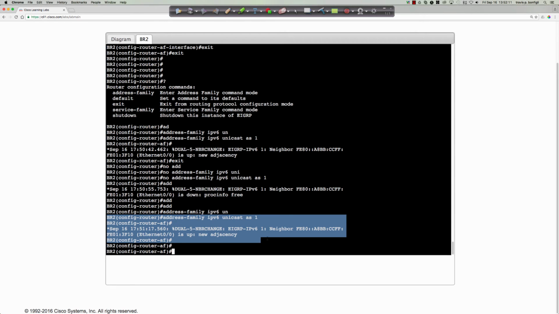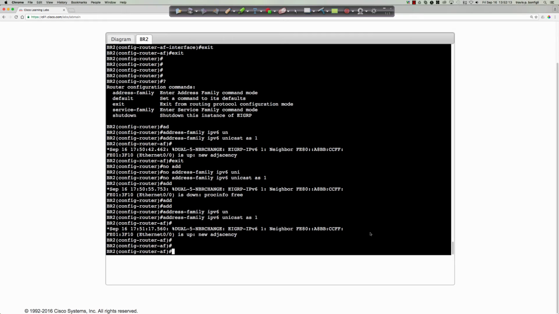So now here is the good and the bad with the named mode EIGRP for IPv6, and that is, as soon as I say address family IPv6 unicast AS1, every single interface that has an IPv6 address is now running EIGRP for IPv6.